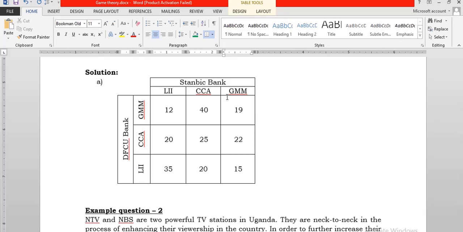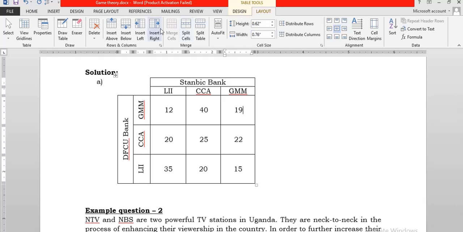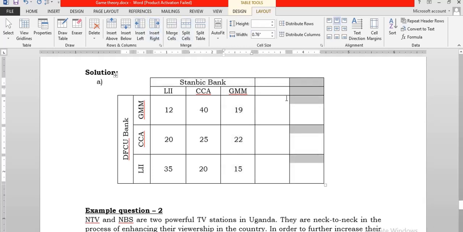Then we shall determine the column maximums. Then we shall maximize the minimum values and minimize the maximum values, because the losses must be minimized and the gains must be maximized. So I will add here a column, 2 of them like that.